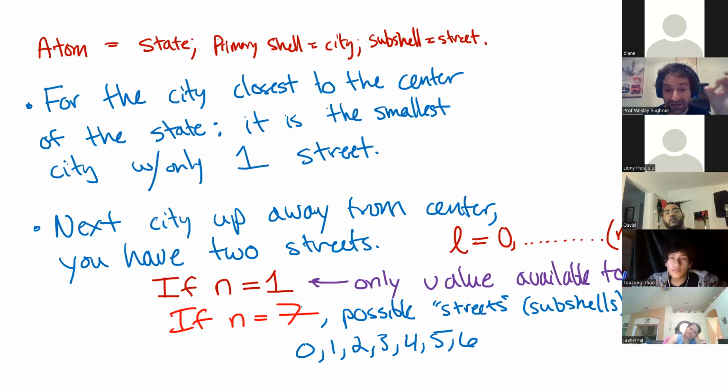So if you have an n value, it's also telling you the number of streets in that city, the number of subshells available. So that's a little hint there too.